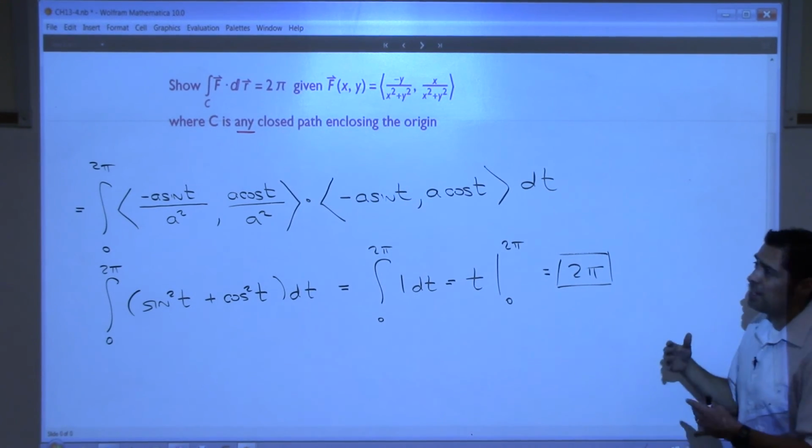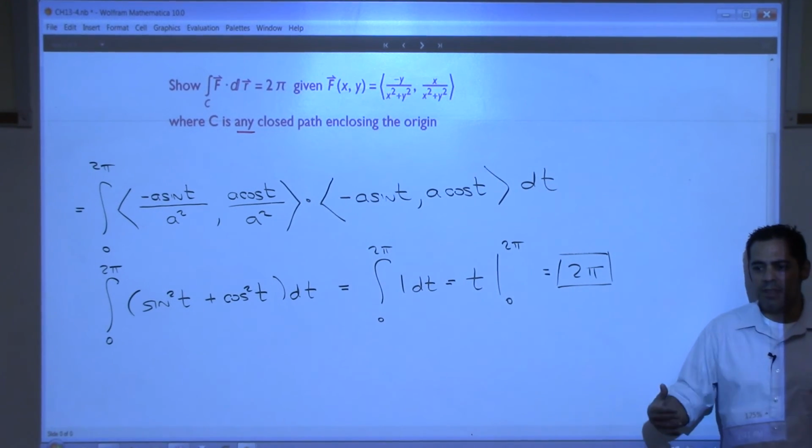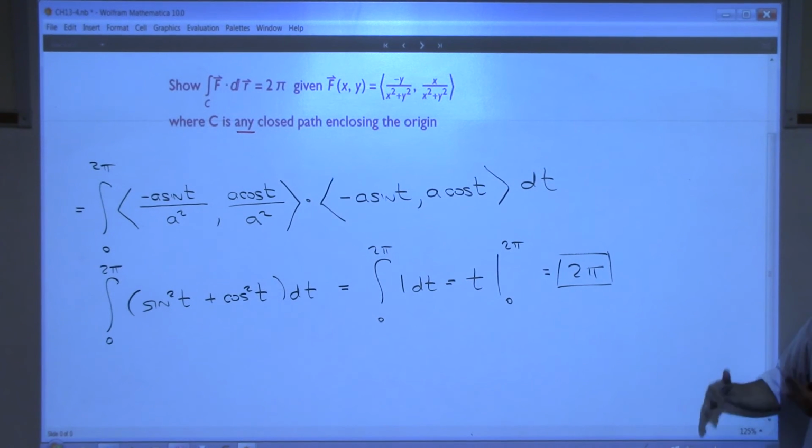So for particular vector fields, you know that if you go along any closed loop, the answer is going to be 2 pi. And they more or less provide that to you rather than derive it for you. And so in this class, what we're doing is we're trying to derive where it comes from. Yeah? Okay.